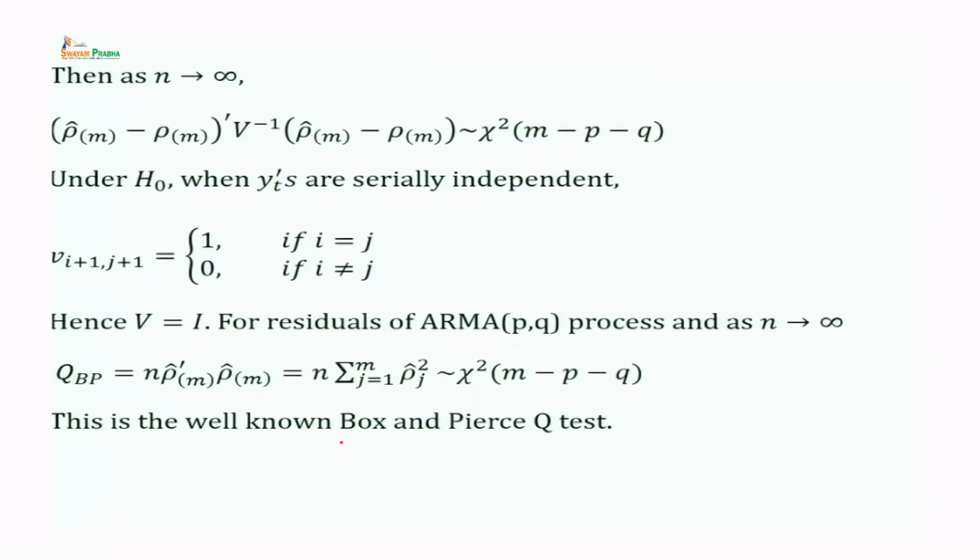You say that your test indicates that the estimated residuals are not random, or do not follow a purely random process. And if you accept the null hypothesis, then you say that your residuals follow a purely random process and they are uncorrelated.